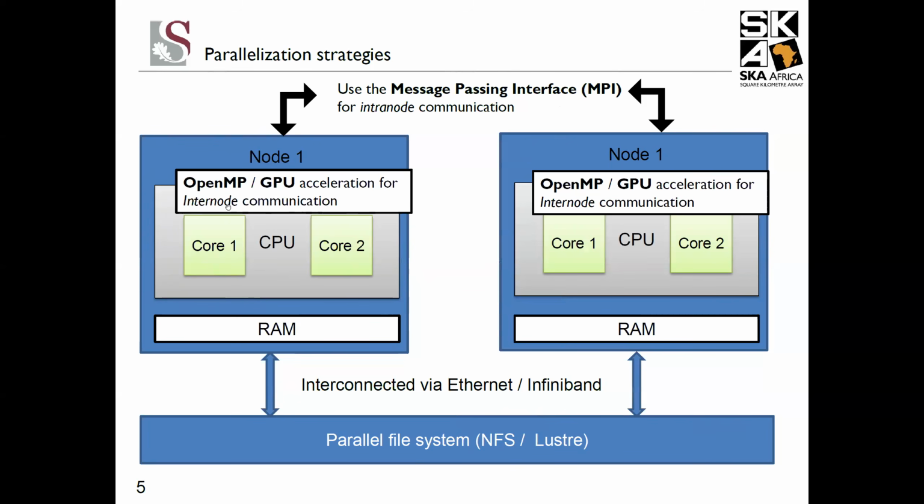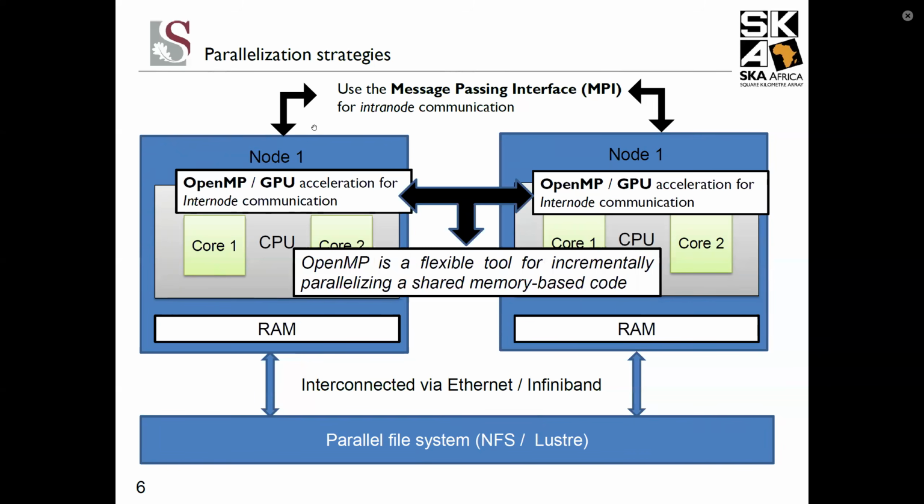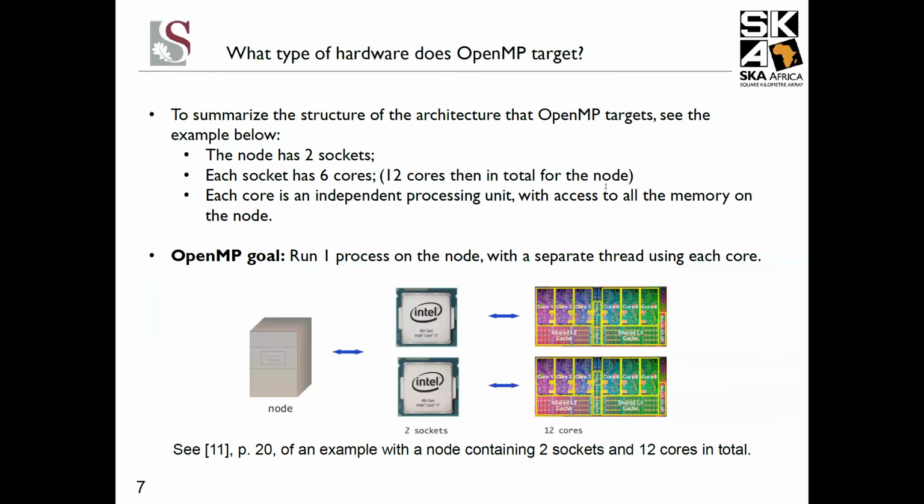But within a node, we're going to see if we can parallelize the software using OpenMP or, in next week's lecture, GPU acceleration. Again, OpenMP is a flexible tool for incrementally parallelizing a shared-memory-based code, so it operates on the particular node.